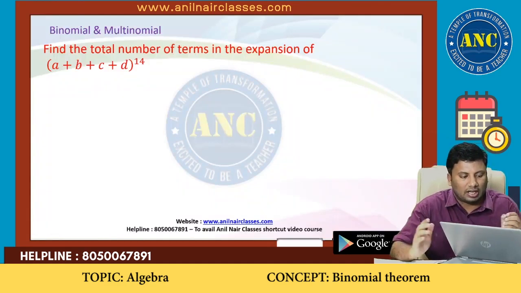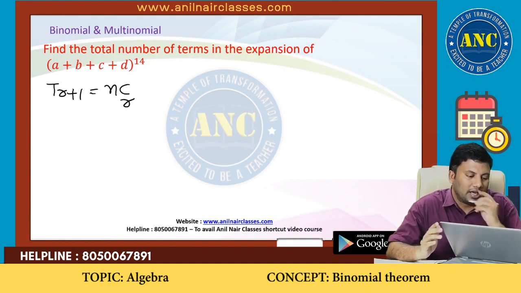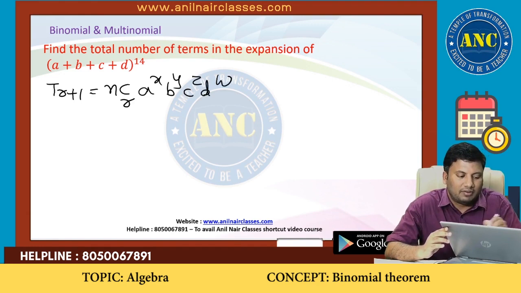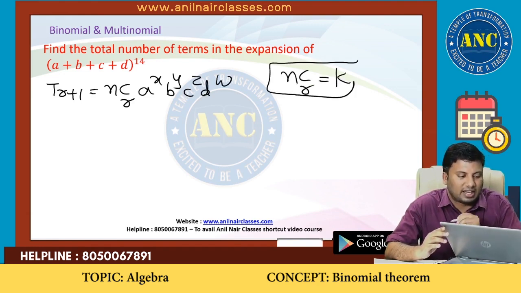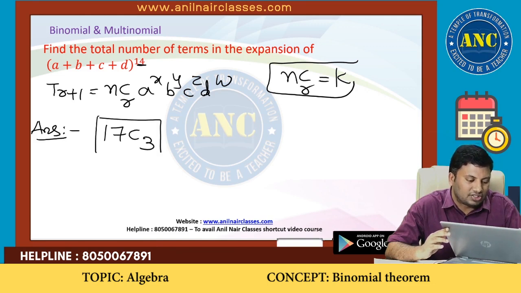Find the total number of distinct terms. Now from here onwards, nCr a power x, b power y, c power z, d power w. What I will do is, nCr from now onwards, I will call it k. So directly what will be the answer? We have already discussed: 14, 4 variables are there. 14 plus 4, 18. Answer is 17C3.